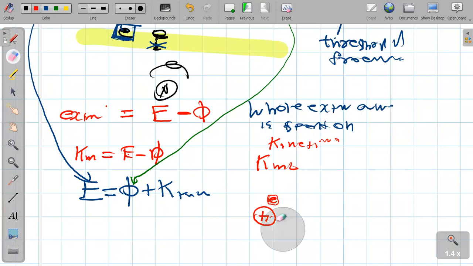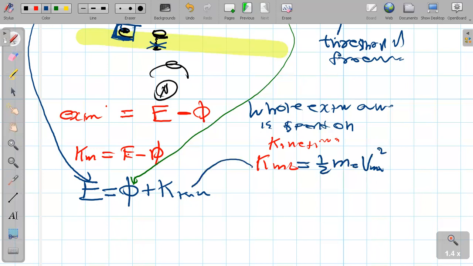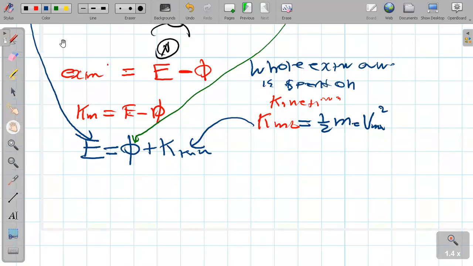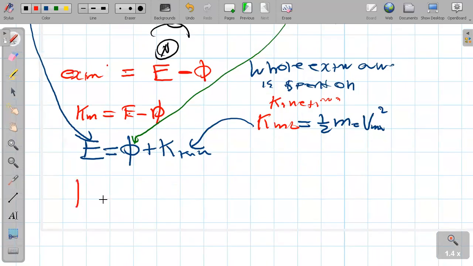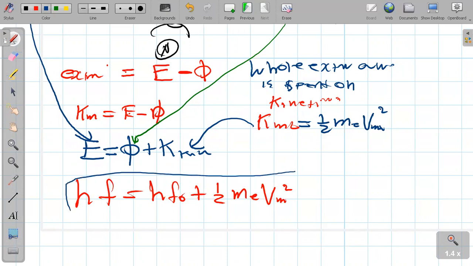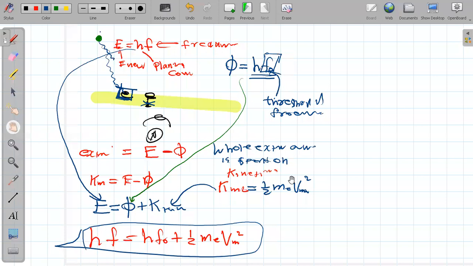Right? So now, what is this K max? It equals half m_e v max squared. Now I can substitute this here. So my finalized equation is hf equals hf naught plus half m_e v max squared. So this is my finalized equation. Copy this down to your book. Now everything is appearing on the screen.